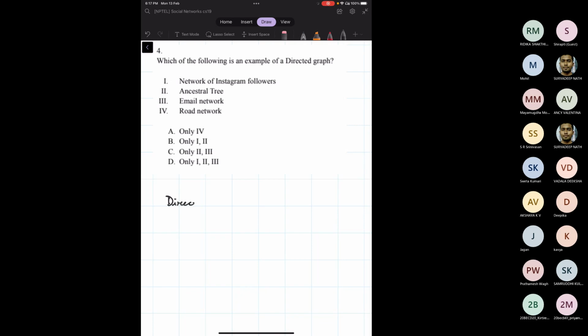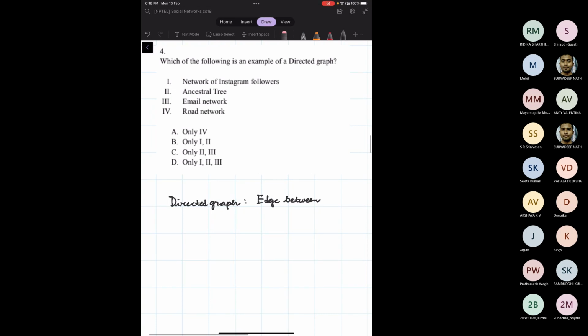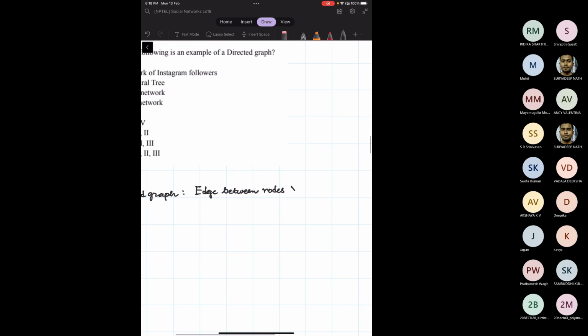Directed graph means that if there is an edge between nodes Vi and Vj, it does not imply that an edge exists between Vj and Vi.